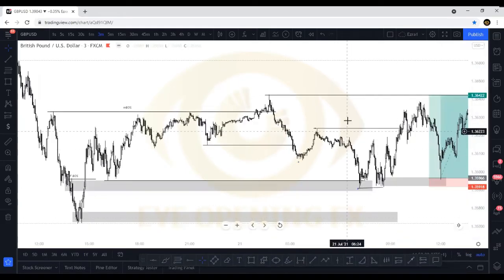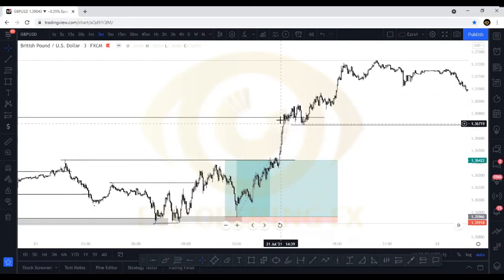Cool. Now after market gave this higher low, you notice higher high, higher low, higher high, higher low, higher high.